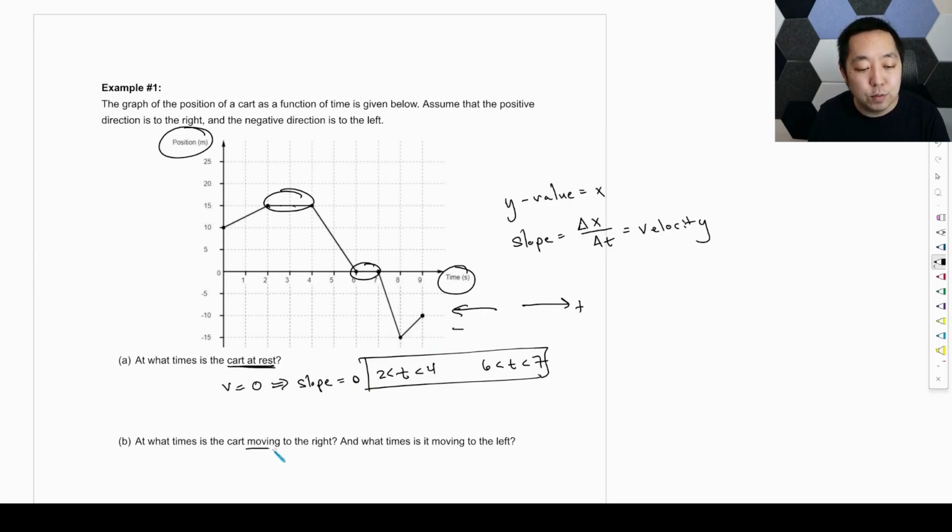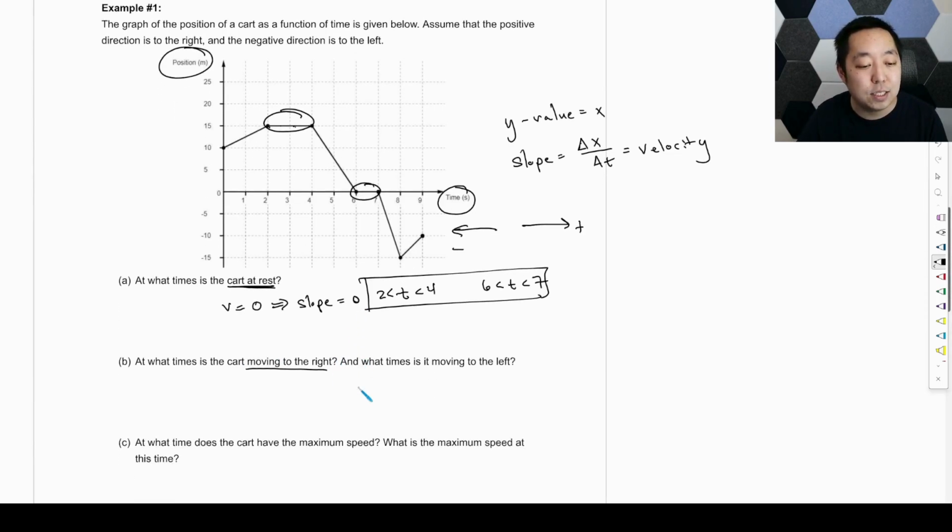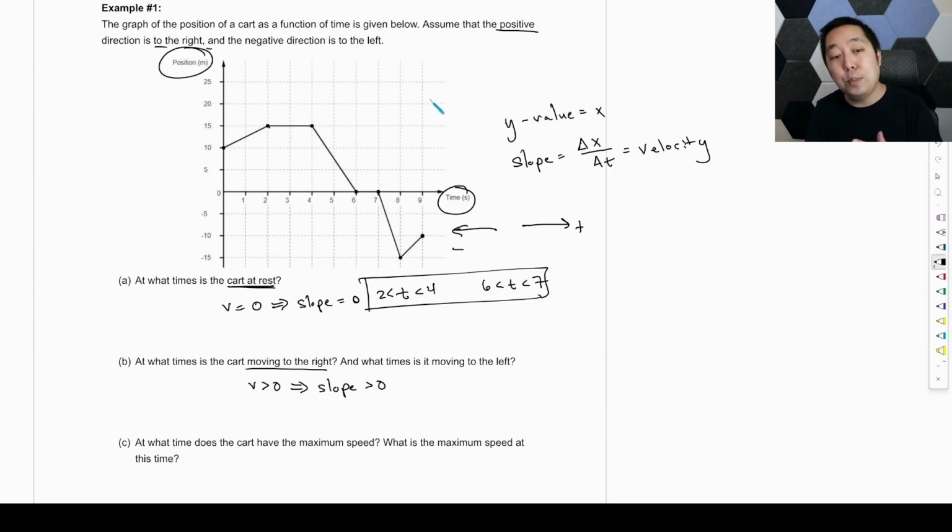At what time is he moving to the right? Remember, the direction of the motion is the sign of the velocity. Moving to the right is where the velocity is positive, because we said right is the positive direction. So when the velocity is positive, it's moving to the right, and that is when the slope is positive. You have to remember from your math days, positive slope is up and to the right.